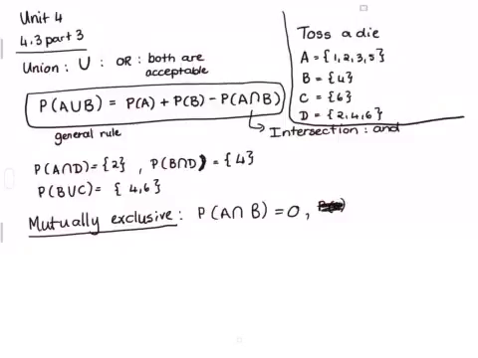Let's go here. The probability of A or B for mutually exclusive is then just the sum of the two probabilities. And if you refer to our general rule, you'll see why, because for mutually exclusive, this last one will be a 0. So that's why your general rule is good. It works for all of them.